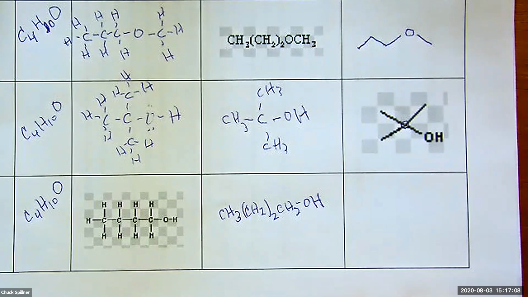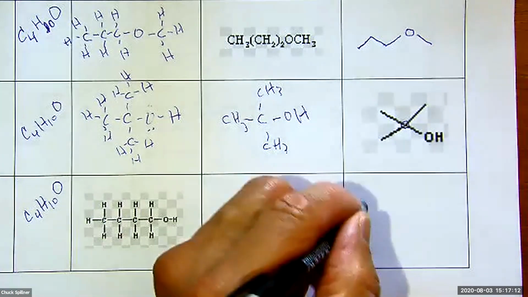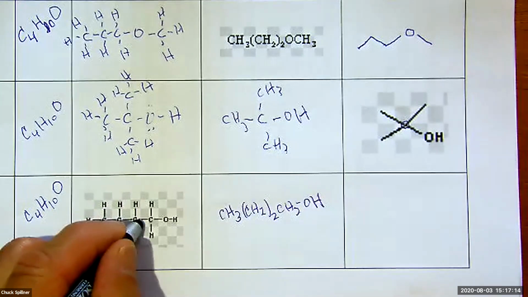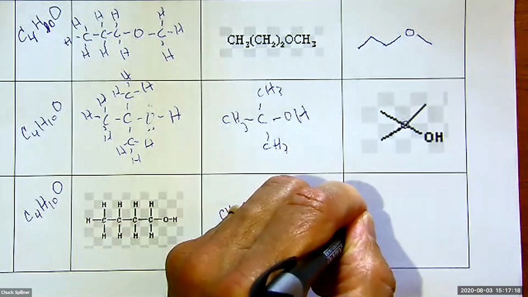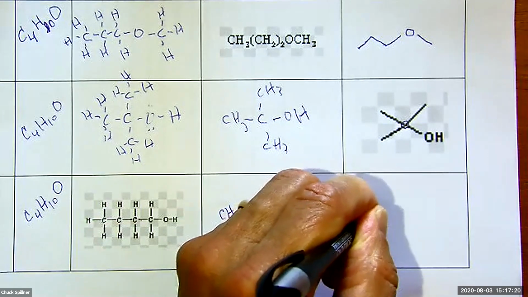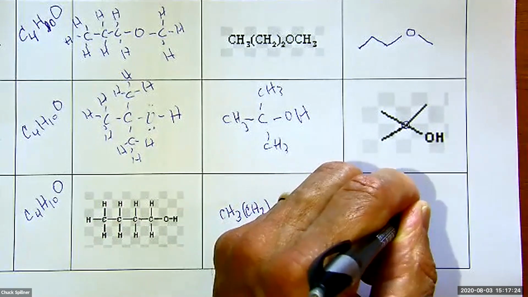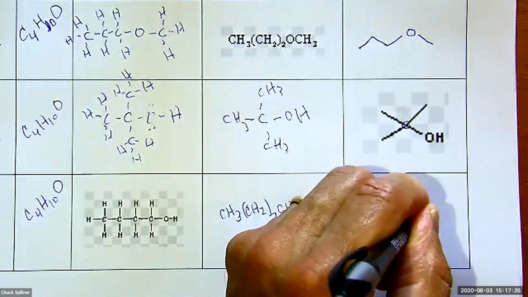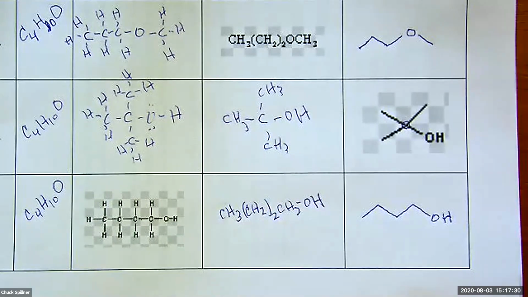And then lastly, I'm going to make a zigzag. So I'm going to start here and I'm going to start zigzagging for all the carbons. I need 4 carbons, 1, 2, 3, 4, and then an OH at the end. So I'm going to start here and I go, this is 1, that's 2, that's 3, that's 4. It's 4 carbons. Then I have to put a bond to an OH. So this one looks like that.